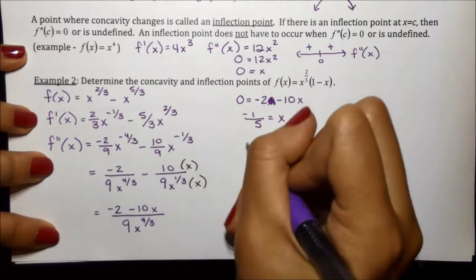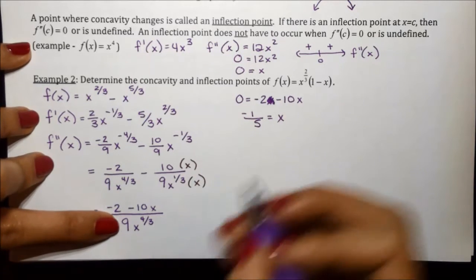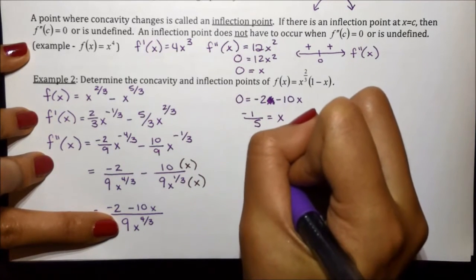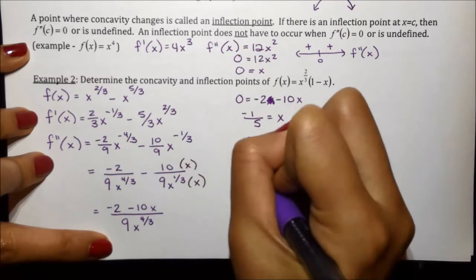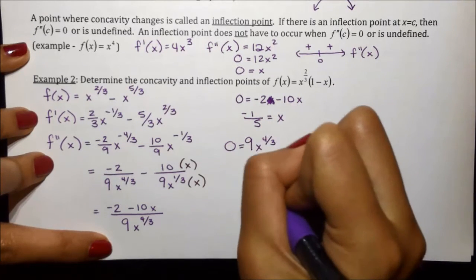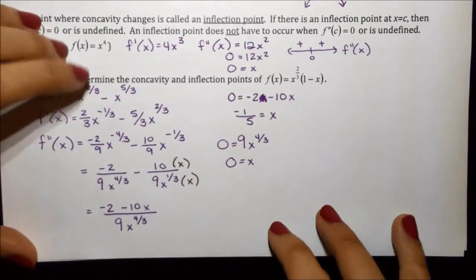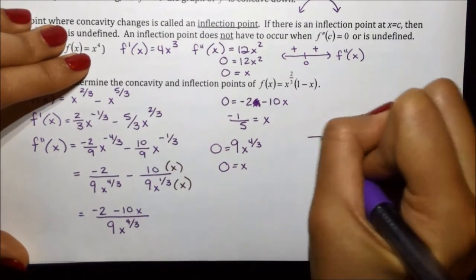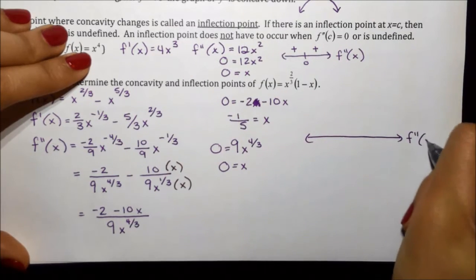And then let's find out where the second derivative is undefined. Let's set the denominator equal to 0. So x has to equal 0. So we're going to do a number line for the second derivative.